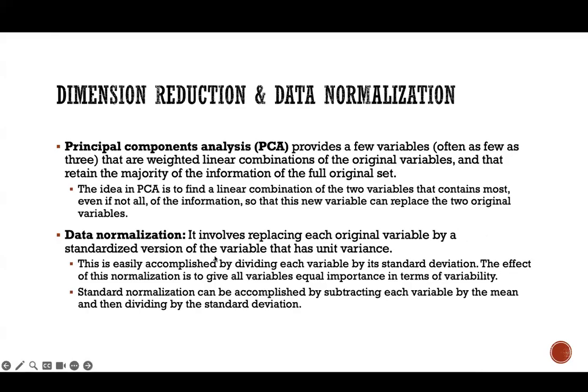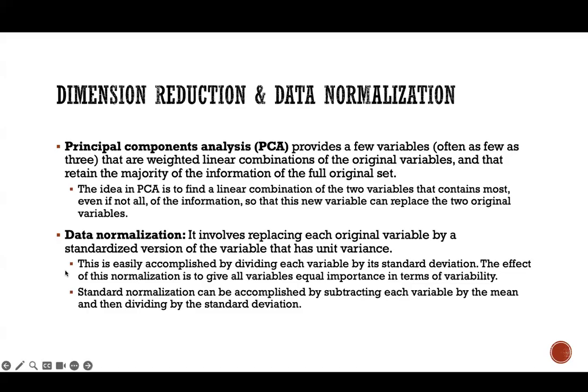And finally, data normalization. Sometimes we have highly skewed data sets and variables. So we need to replace the original variable with a standardized version that does not have that much skewness or non-normal distribution. This can be accomplished by various means.